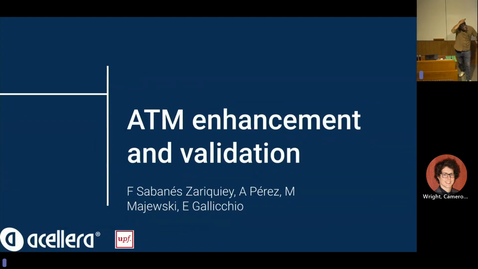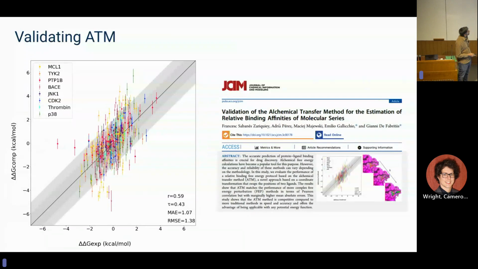And then in this second part, I'm talking about this first validation. So we said, okay, let's take ATM. We have all the infrastructure, and let's see how it works. We just published this paper, I think a few weeks ago, trying to test, very naively, on the Schrödinger set for FEP.